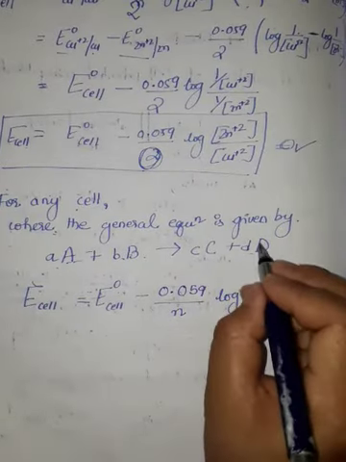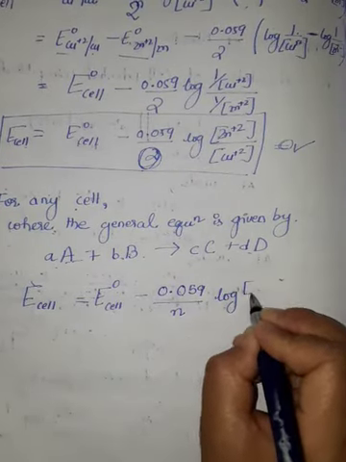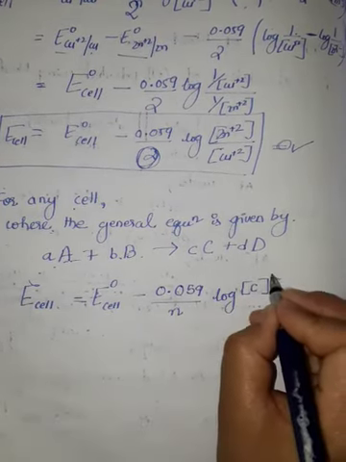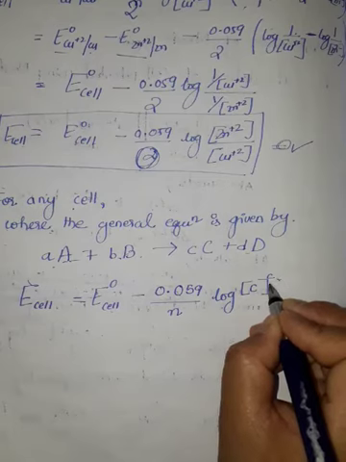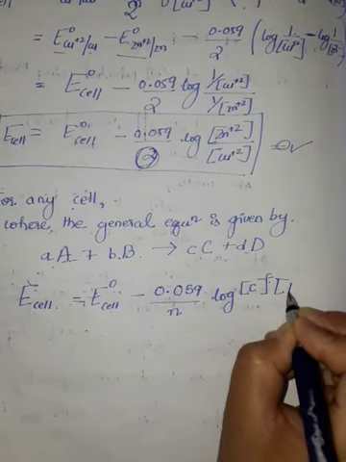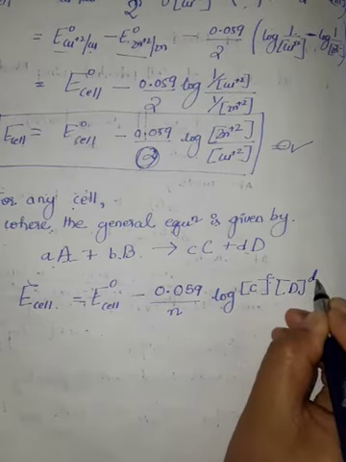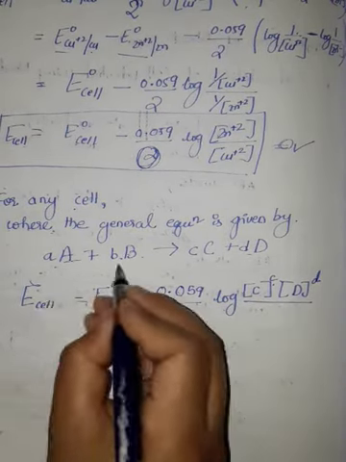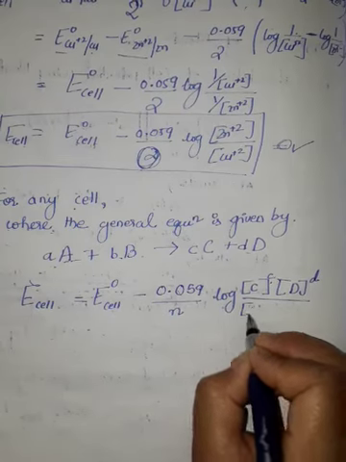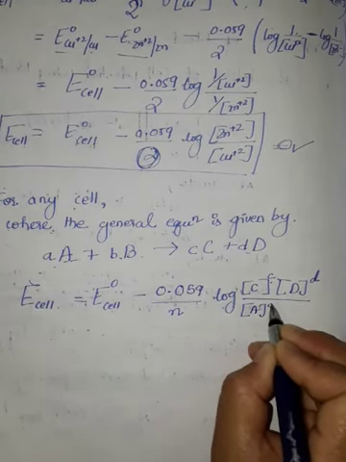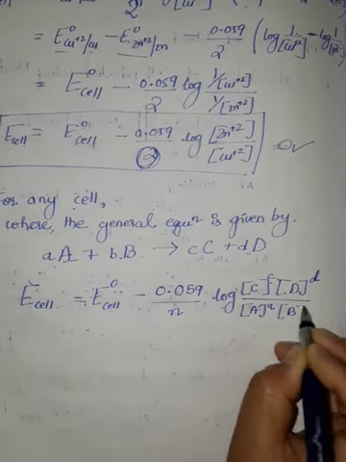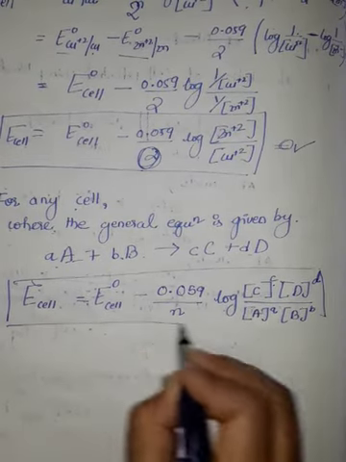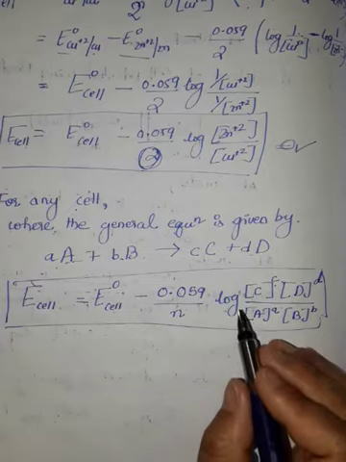C is there, D is there, so the concentration of C to the power of its coefficient c, and concentration of D to the power d, divided by the left side, concentration of A to the power a, concentration of B to the power b. So this is the Nernst equation for any type of cell.